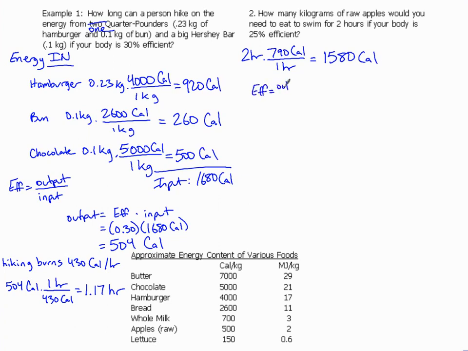So the efficiency is output divided by input, and how much would you need to eat? We're concerned with the input here. Input equals the output divided by the efficiency.